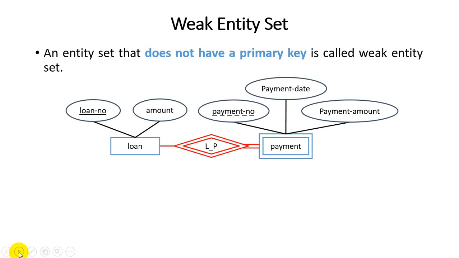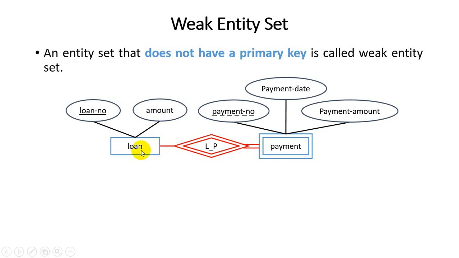The relationship between loan and payment is the loan payment relationship set. This is shown with two diamonds. With the help of two diamonds, we can identify that the loan and payment entities are strongly dependent. In my previous lecture, we discussed that if an entity strongly depends on another entity, we mention a single line.